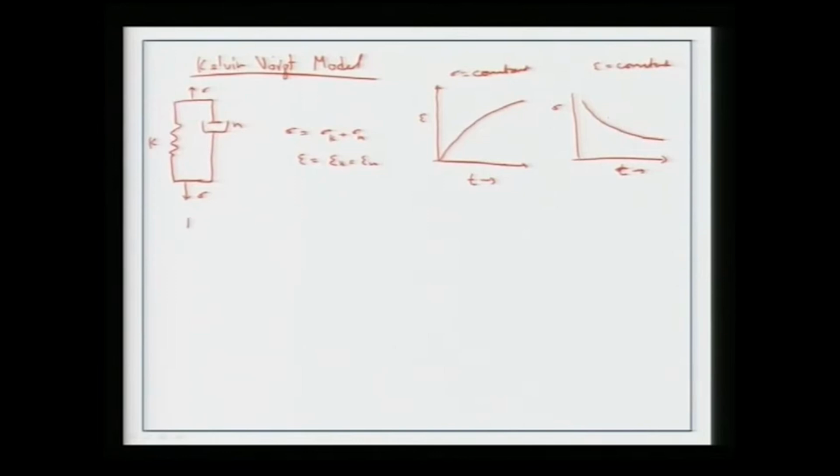In case of a Maxwell model, we have a structure which is more like this. We have the resistance and capacitance in series. In the previous case, the Kelvin-Voigt model, we had the resistance and the capacitance in parallel, whereas in this case we have everything in series, K and N. If we apply stress, sigma K equals sigma N, whereas the overall strain is now being shared between the two.